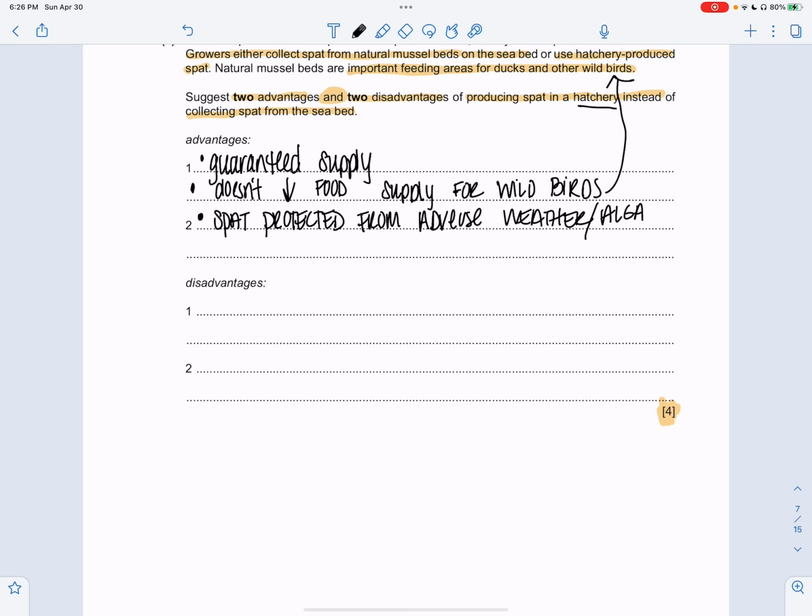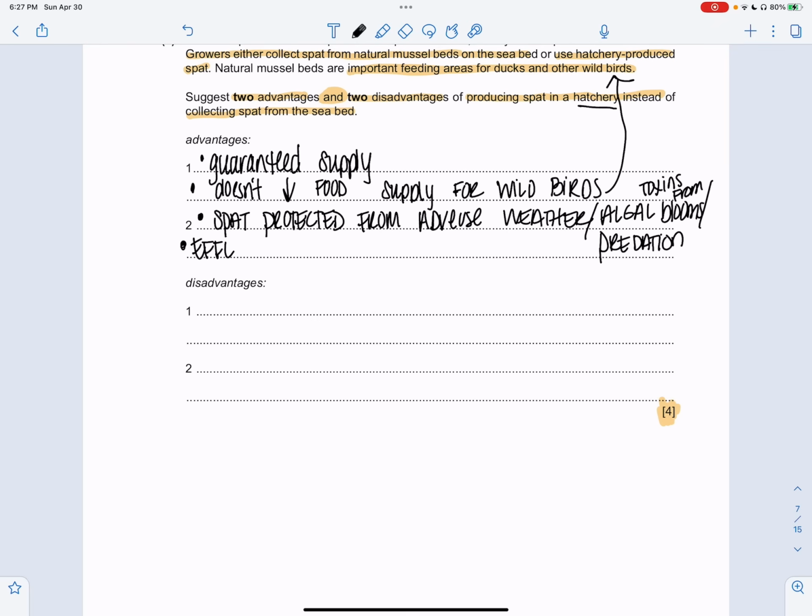Maybe algal blooms. Predation. And with this, it's toxins from algal blooms. Some of them could be harmful algal blooms.